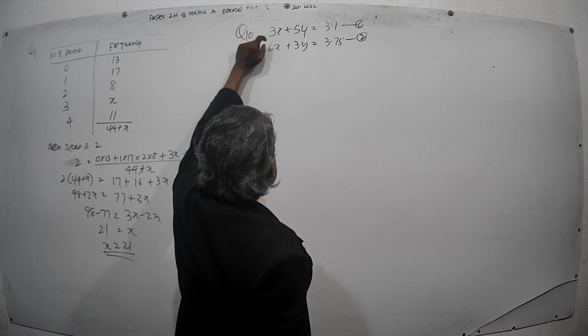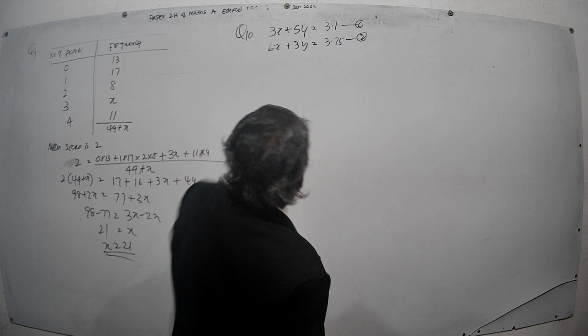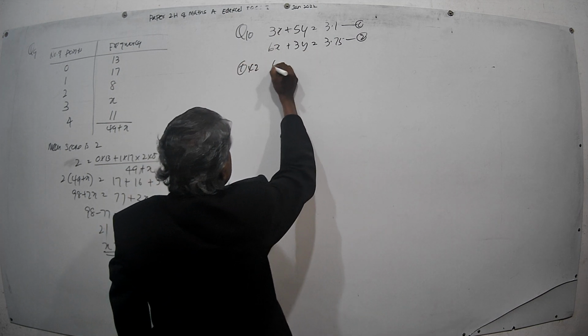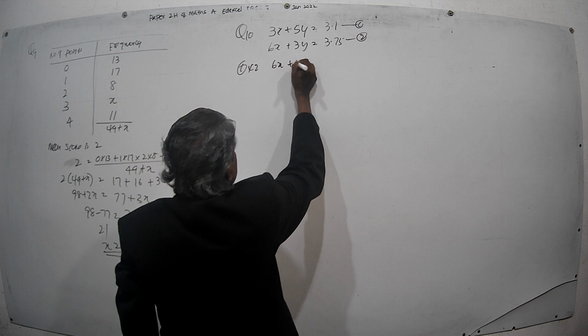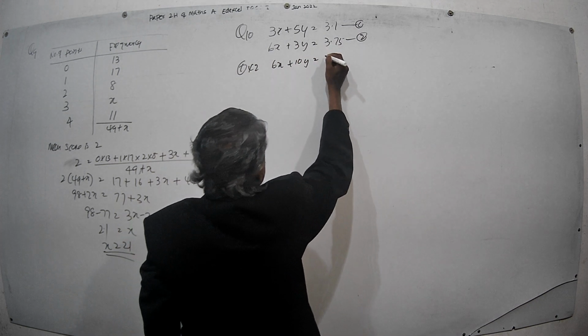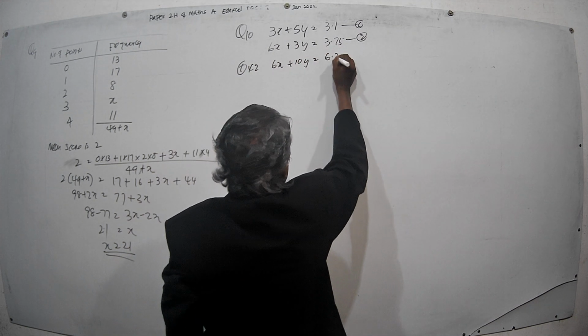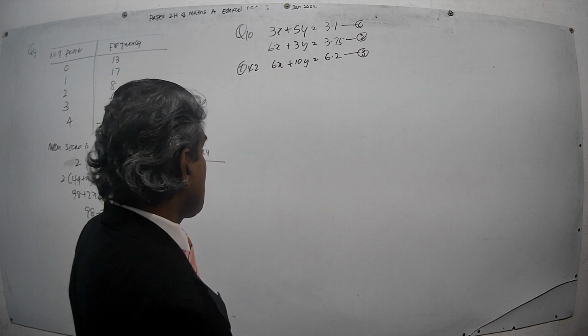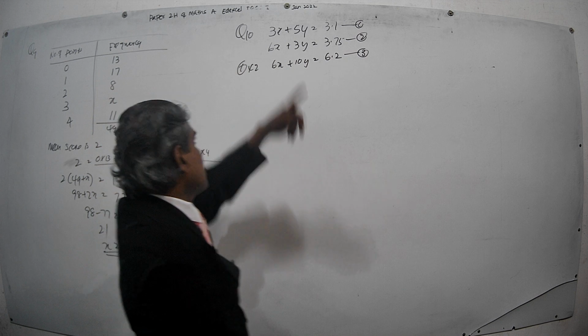This 3 can be converted by multiplying by 2. Therefore we will multiply equation 1 by 2: 2 times 3, 6x, 2 times 5, 10y, and 2 times 3.1 is 6.2. This is the third equation, equation 1 multiplied by 2.